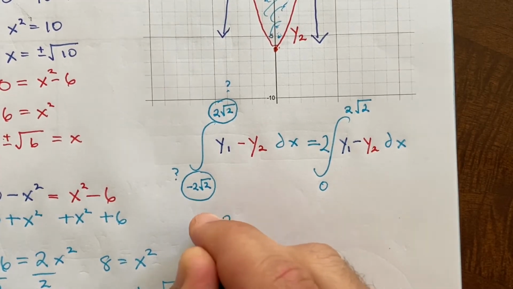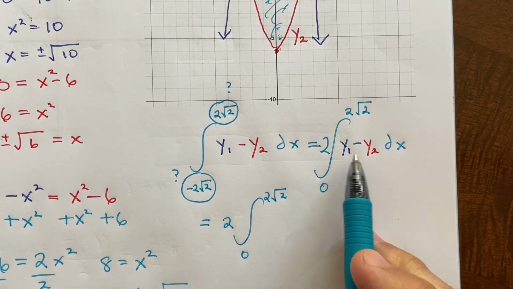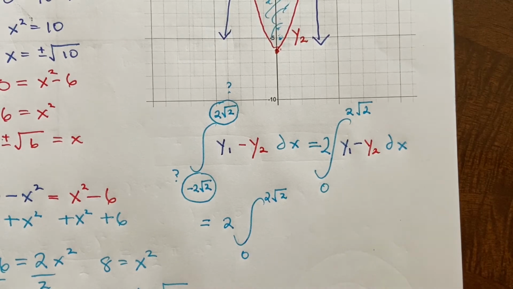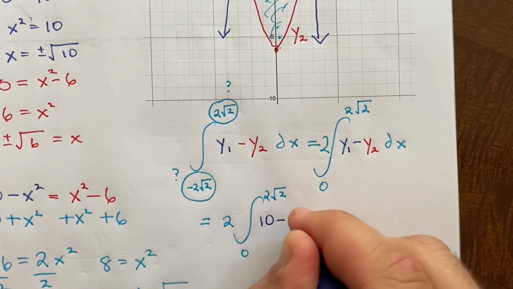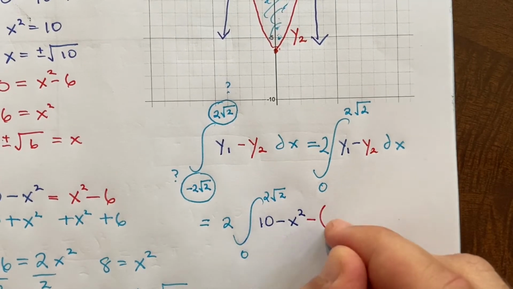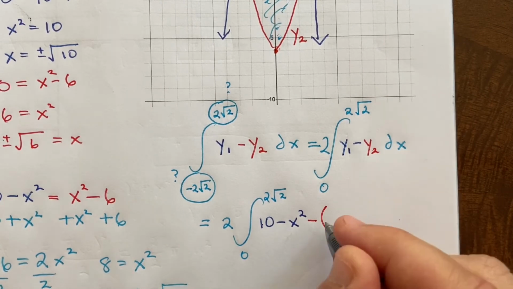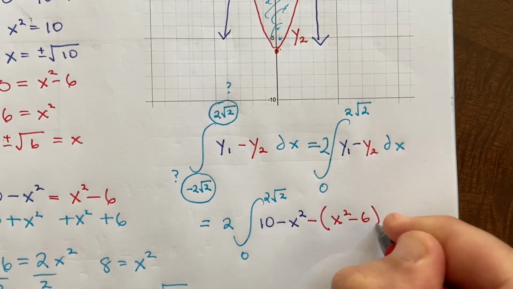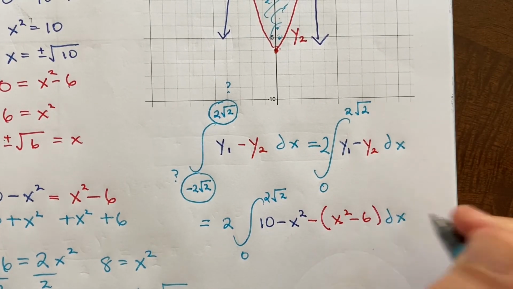So this would equal, now actually plugging in the functions. So we'll have 10 minus x squared minus parentheses, right? Because I need to subtract all of y2, which is x squared minus 6, dx.